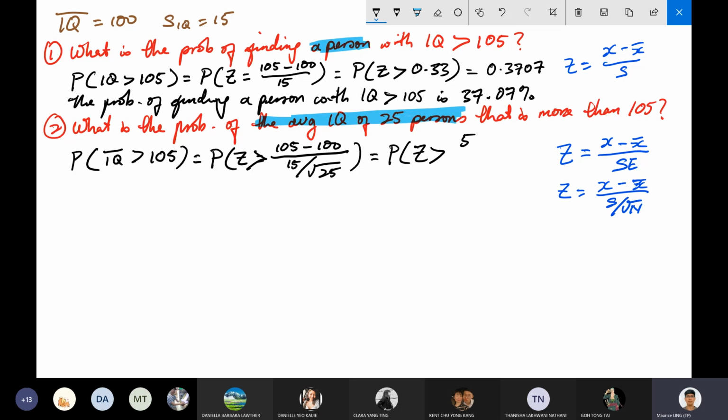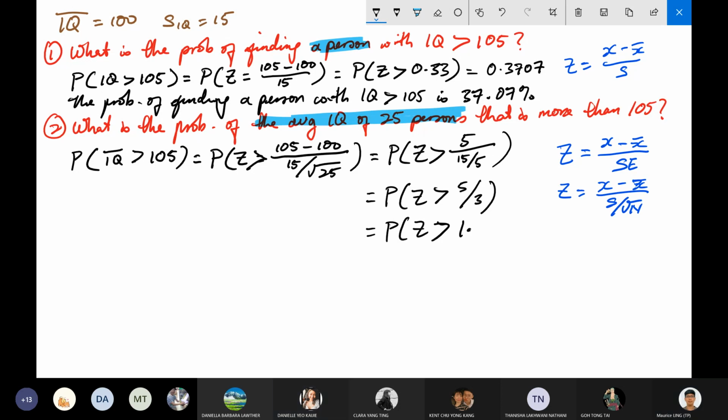So 5 over, you have 15 divided by 5, which you will get 5 divided by 3. So then here, what is 5 divided by 3? Hey people, what's 5 divided by 3? 1.67.